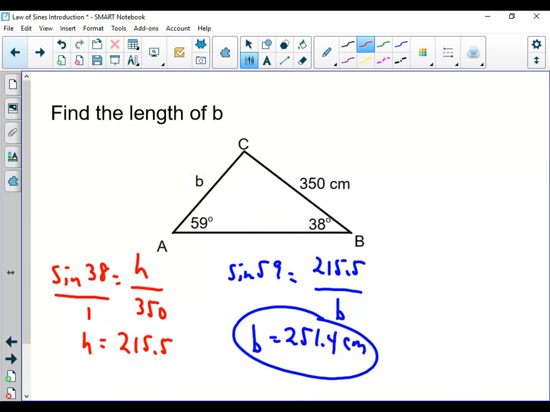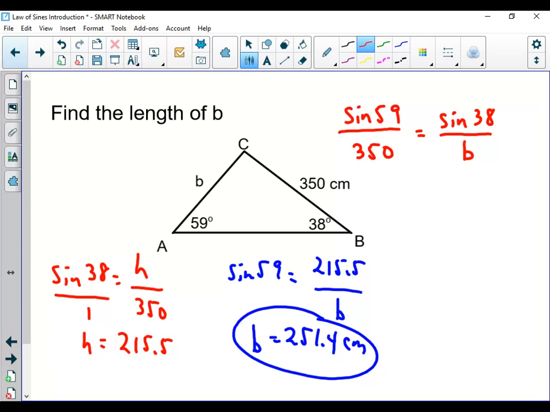Because as long as I know an angle and the side across from it, like I have 59 degrees and this side across from it, the law of sines said you can do the sine of 59 over the opposite side, and that should be equal to this angle over that opposite side. So the sine of 38 over that opposite side. So if I use law of sines, it would look like that.